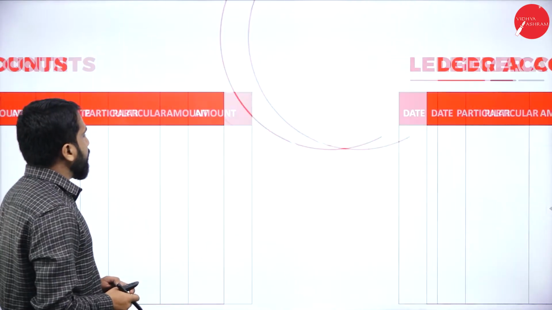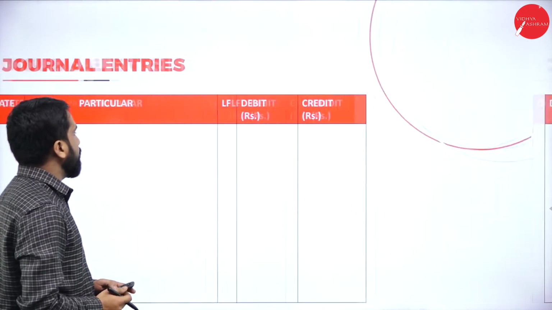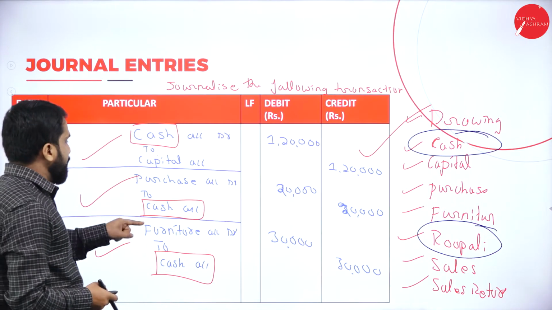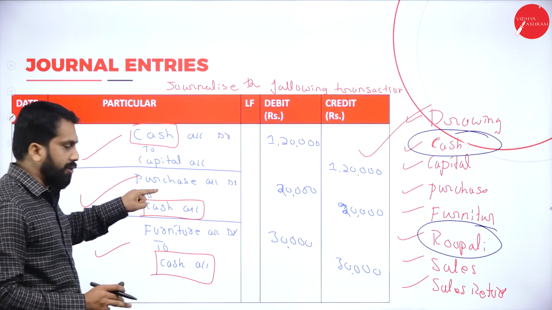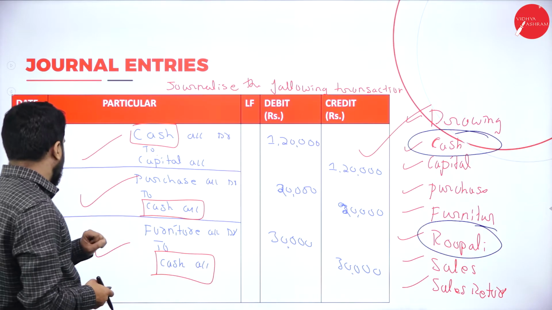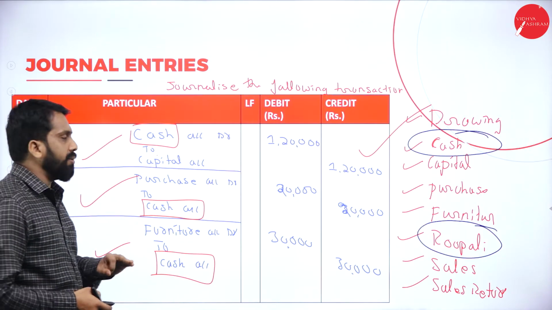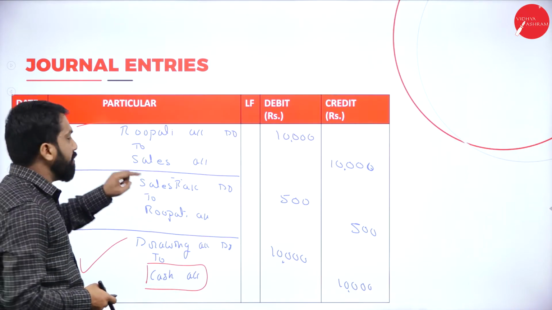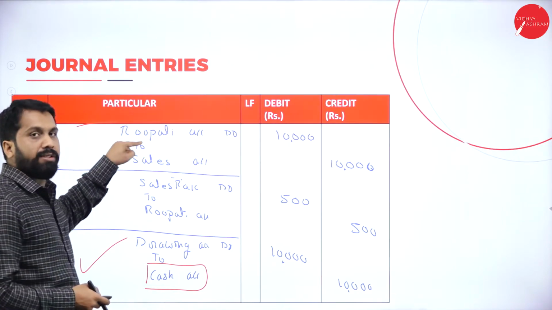Now, go back to your answers, the journal entries. Is there Rupali in the first one? No. In the second one? No. In the third one? No. We'll go for the next. Is there any Rupali? Yes, we have Rupali. To sales.